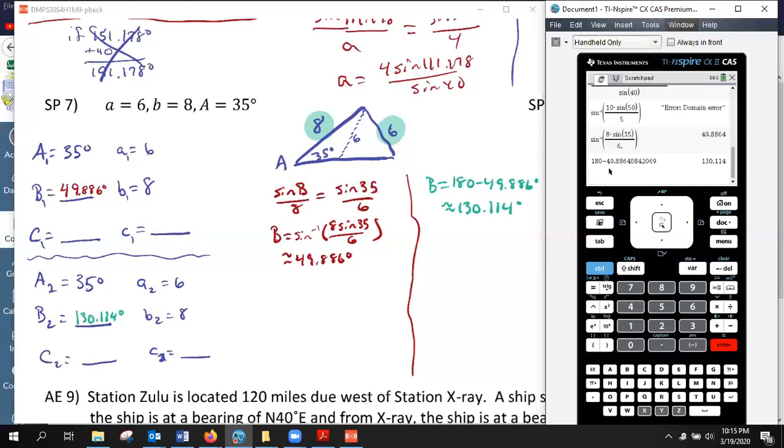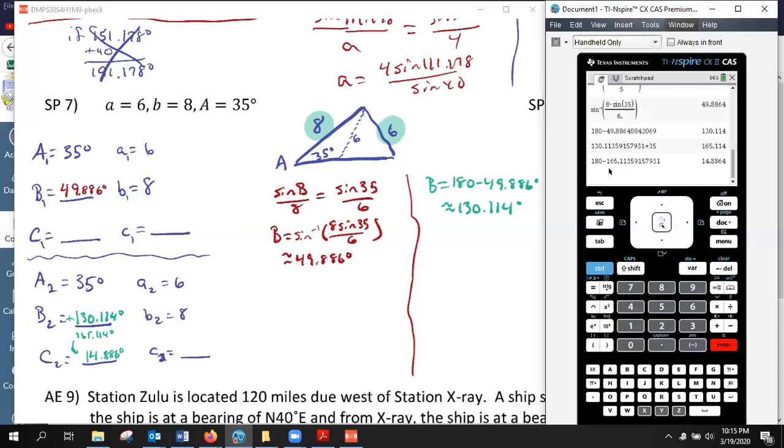Now, quick check. If I add 130.114 to 35, that leaves me with 165.114. And if I subtract that from 180, this angle is 14.886 degrees.